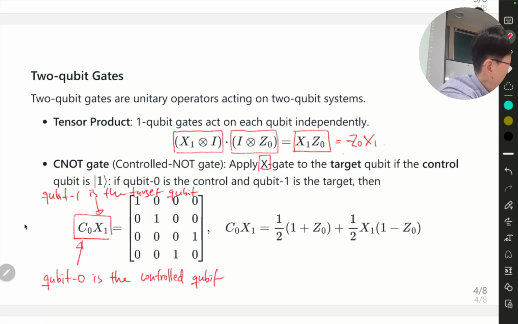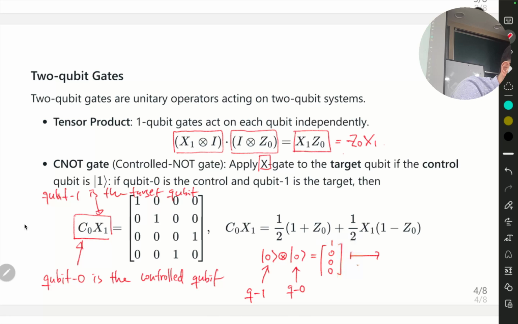So it's a 2-qubit gate, and it changes the 2-qubit state. You can represent this CNOT gate as a 4x4 matrix. So if you have 00, where this is qubit 0 and this is qubit 1, by the way, that's represented by 1, 0, 0, 0.